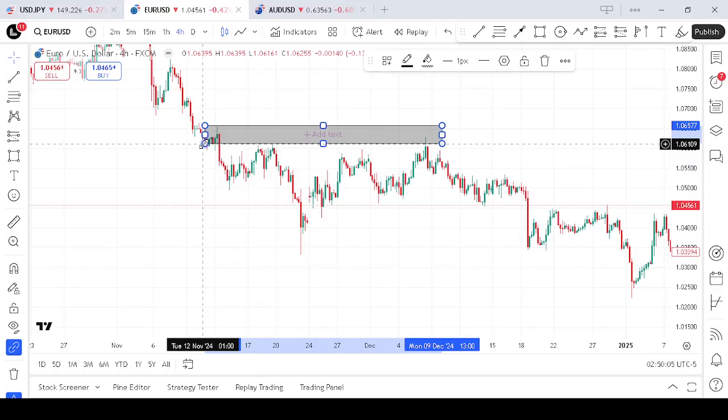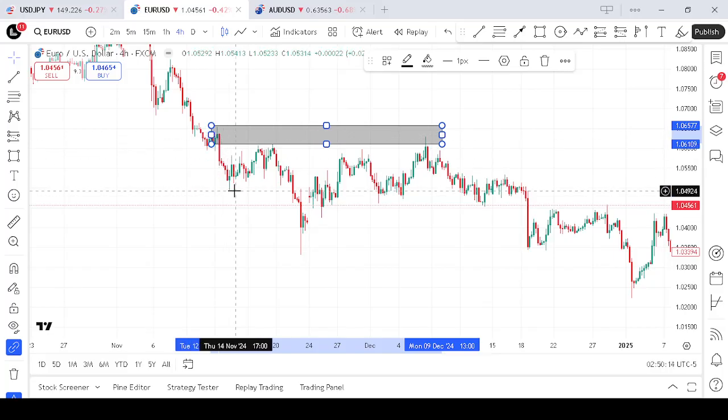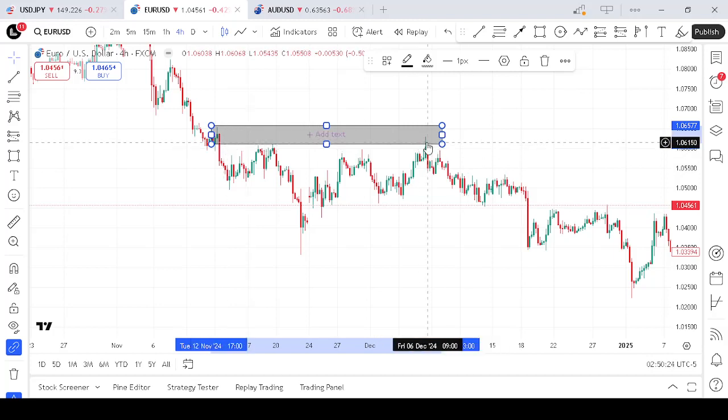As we can see, the unmitigated order block has the characteristic of an aggressive price movement out, and it shows that there was a lot of strong selling pressure in this area. Now we wait for price to return to the area.